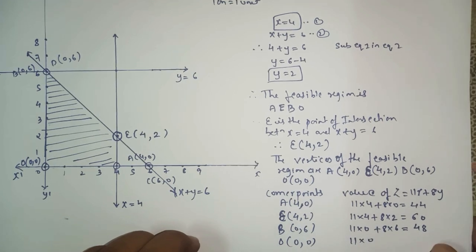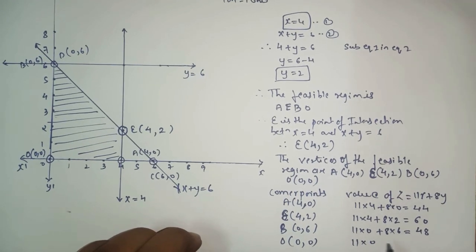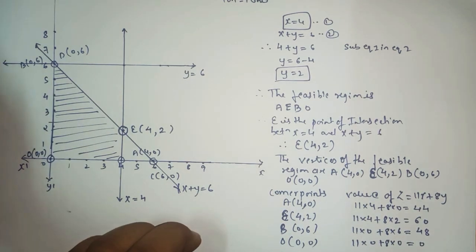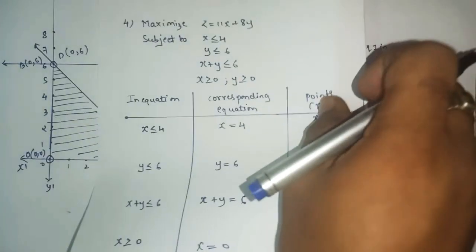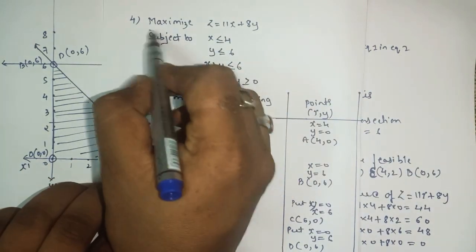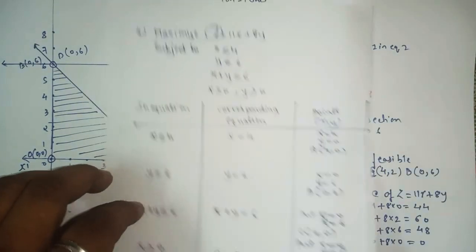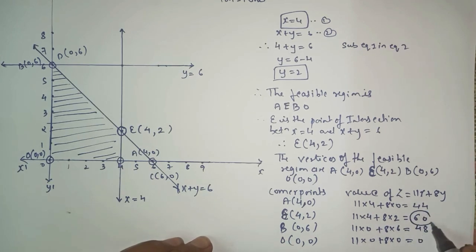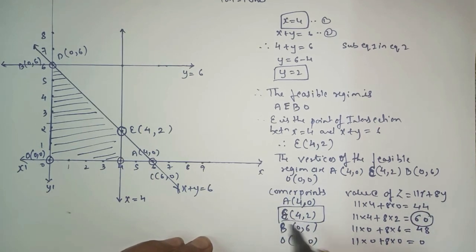For 0 comma 0: 11 into 0 plus 8 into 0, that is 0. Now for this sum we have to maximize the value of Z, that means a bigger value. So clearly the answer is 60 at E 4 comma 2.